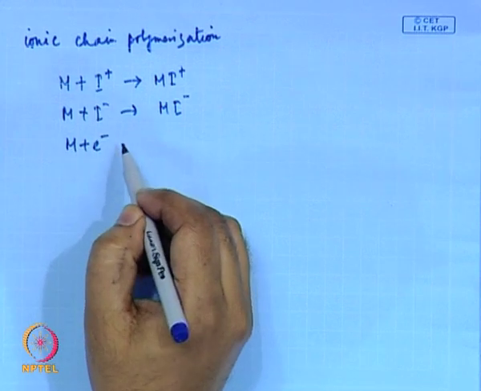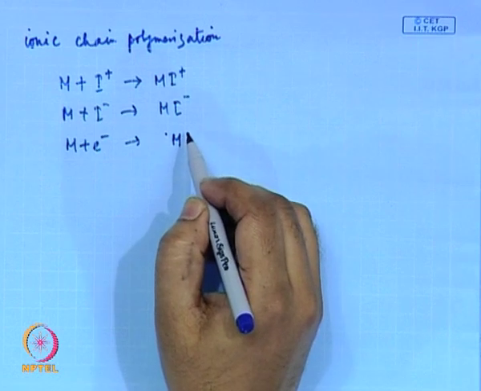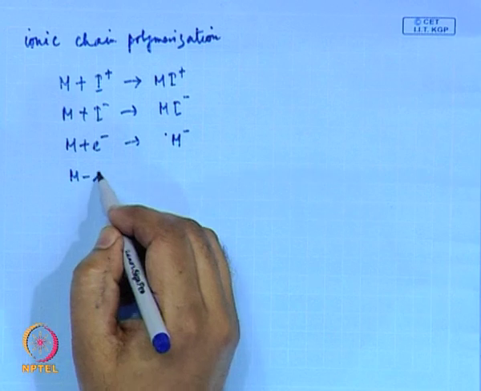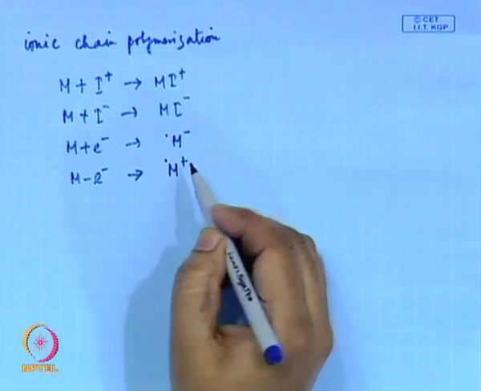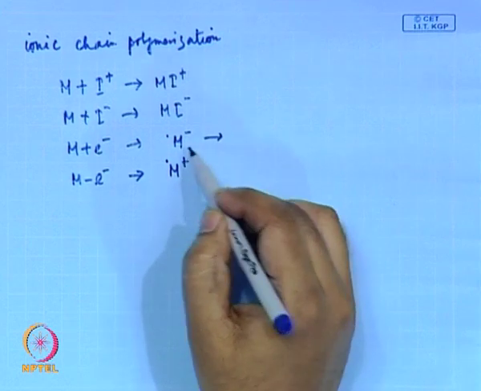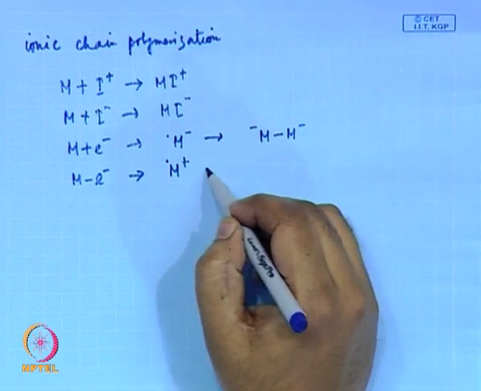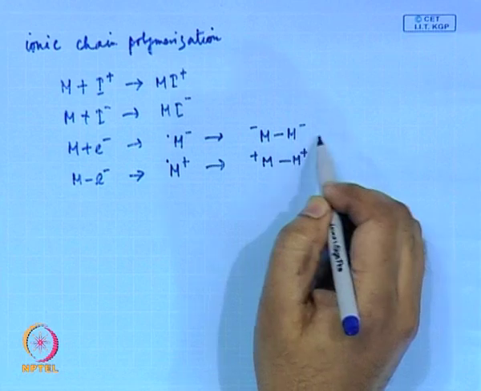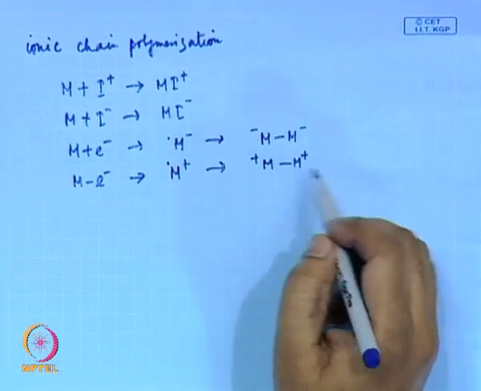It could be an acceptance of an electron giving rise to a radical anion, or removal of an electron which gives you a radical cation, two of which might combine to give you a dianion or a dication, which can further initiate the chain reactions from both the sides.